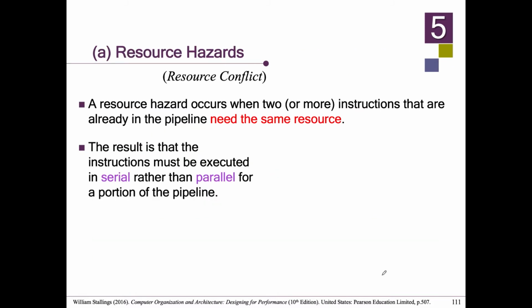Under resource hazard, it occurs when you have a resource conflict. What is a resource conflict? A resource hazard occurs when 2 or more instructions that are already in the pipeline need the same resources.